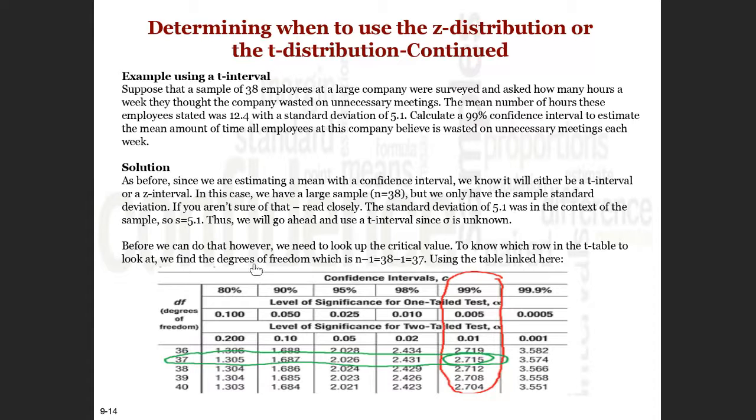So before you can do that, you need to look up the critical values to know which row in the t-table to look at. And you find degrees of freedom, which is n minus 1, equals 38 minus 1, which is 37. You use the table linked below here. Left-hand side, you've got your degrees of freedom. On the top, it's 0.01, which is 99%.